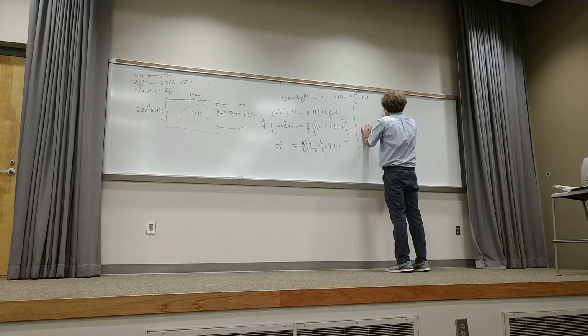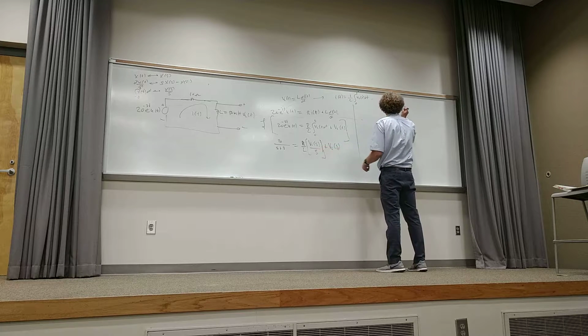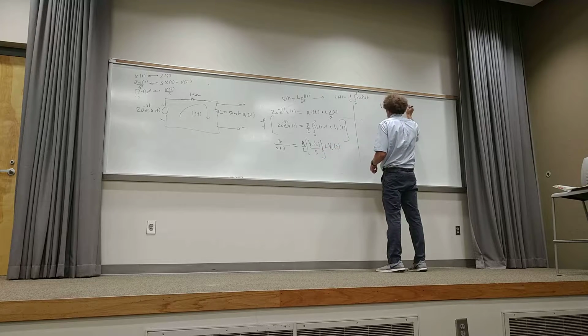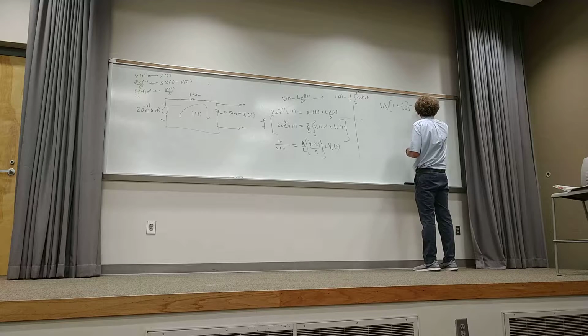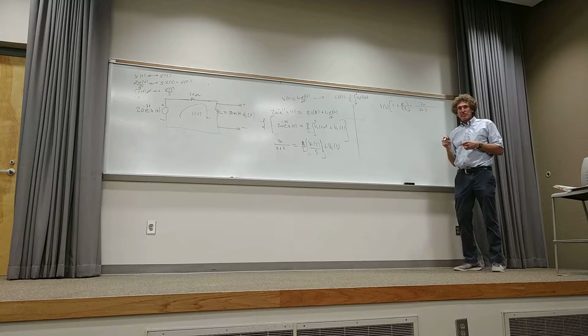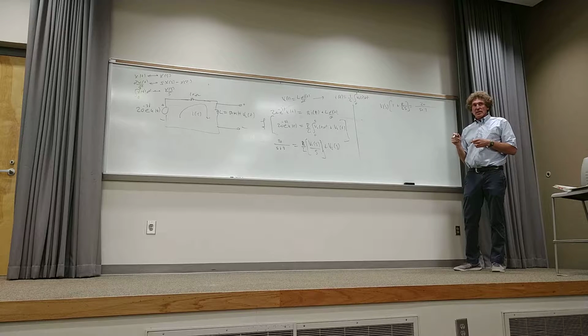I get V of s times the quantity 1 plus R over L divided by s, and that's equal to 20 over s plus 3. Do you agree with me? All right, how many see this? It's straightforward what I've done. I relocated things just to organize them so I can manipulate them.